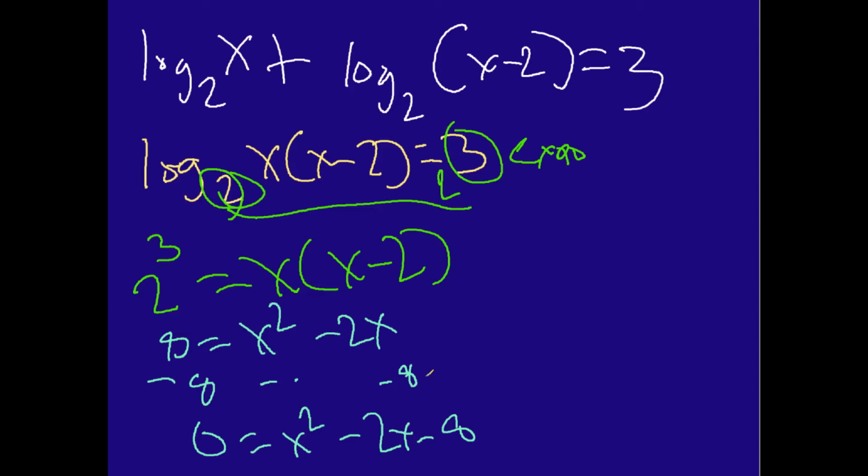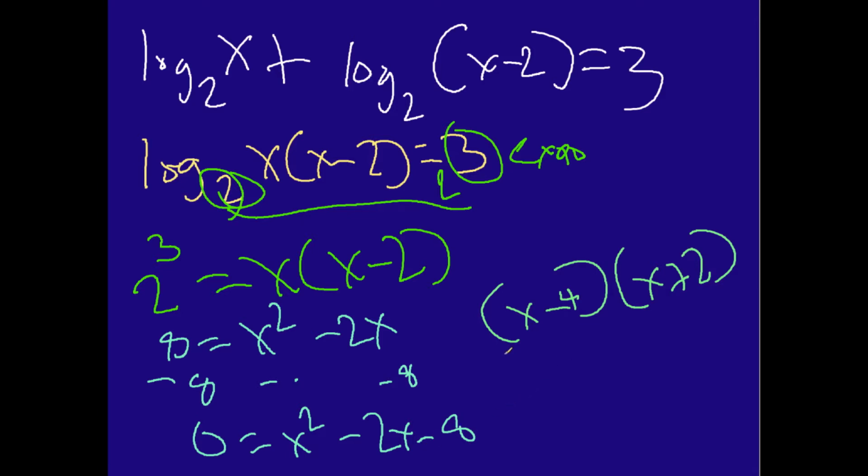And then this is just basic algebra by this point. If I factor this out, which again, I'm going to save you the dance of doing, essentially I'm looking for two numbers that multiply to give me negative 8, and when I add them together, I get negative 2. I can tell just from looking at this, x minus 4, and then x plus 2, because negative 4 plus 2 is going to be my negative 2, and negative 4 times positive 2 will give me my negative 8.